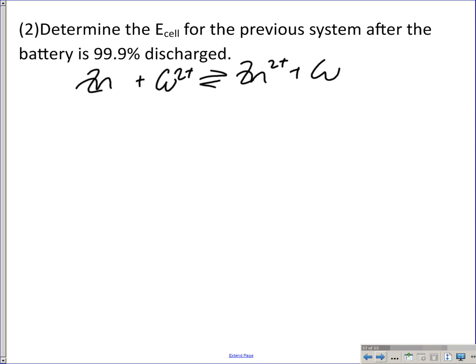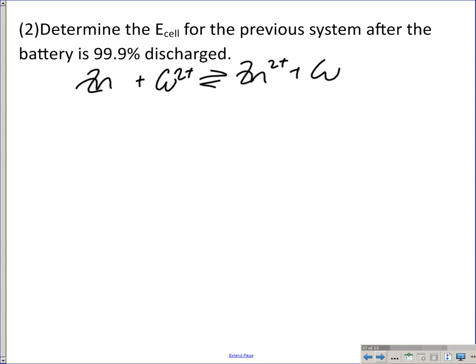Our reactants are being used up, right? What should happen to the reactants? They should be decreasing. But as they decrease, what happens to the products? They increase. So in our new situation, 99.9% discharged, we have very little reactants, and a lot more products than what we started with.